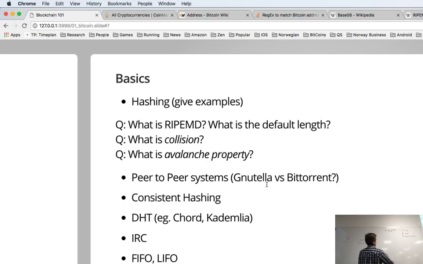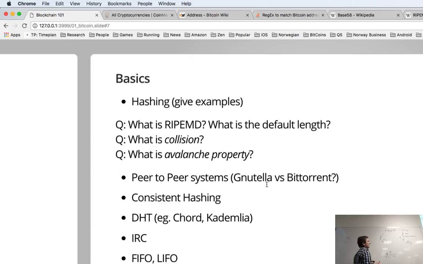So again, let's say I have Alice and Bob and Charlie. They have some files. Let's say Alice has F1, Bob has file 2, and Charlie has F1 as well, right?